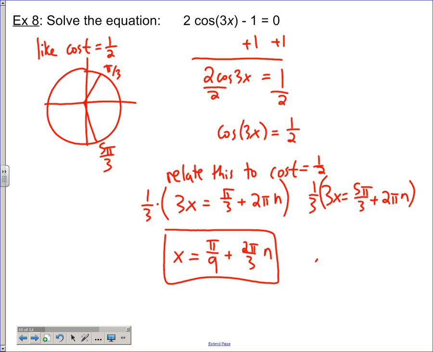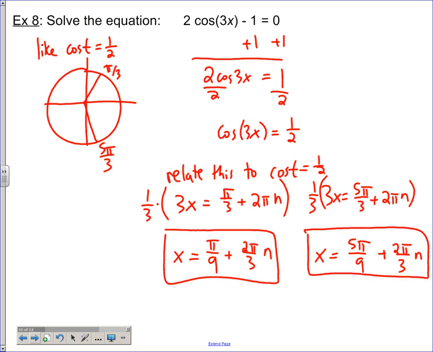And our second answer would give us x equals 5 pi over 9 plus 2 pi over 3 times our integer n. So you notice the number multiplying n is exactly what the period is. In this case, the period is shrunk to 2 pi over 3 instead of the usual 2 pi. Okay?